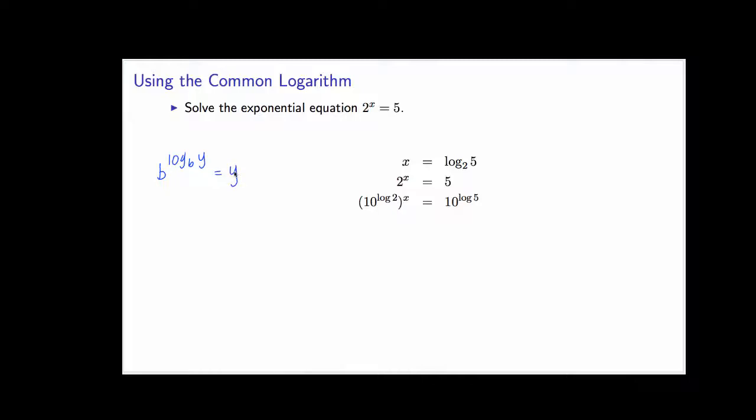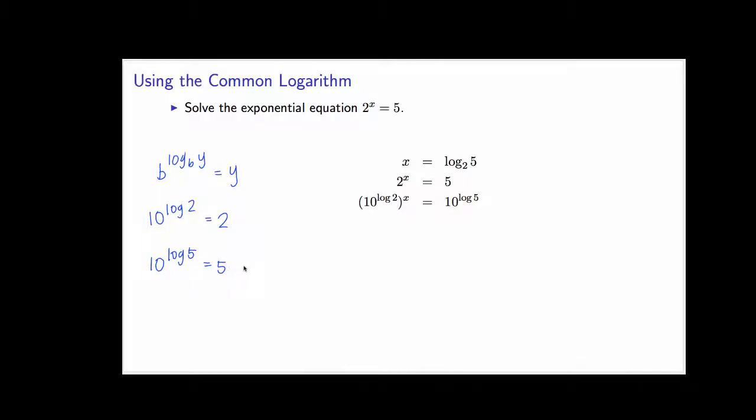This is one of the properties of logarithms that we've looked at and explained or proven previously. In particular, 10 to the common log, or the log base 10 of 2, is equal to 2, and 10 to the common log, or log base 10 of 5, is equal to 5.